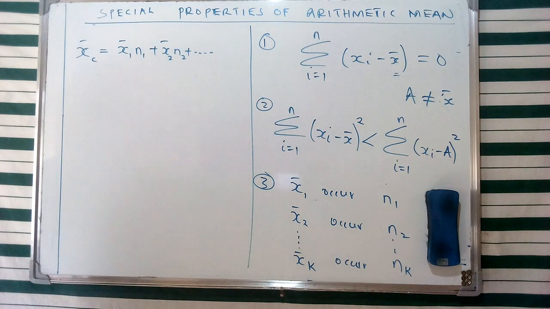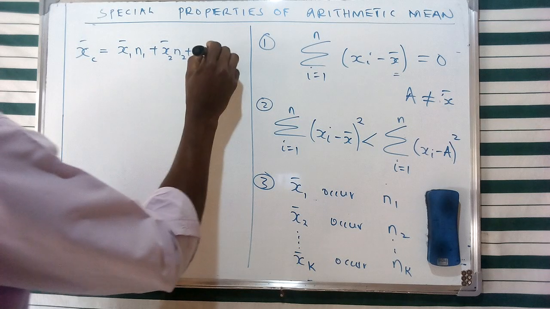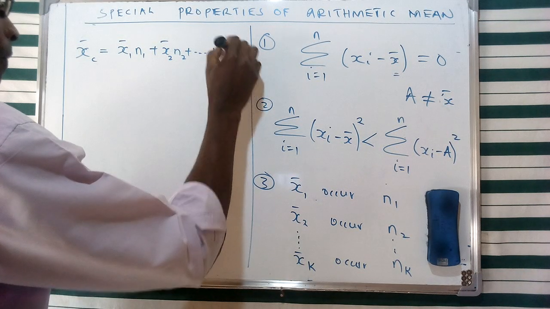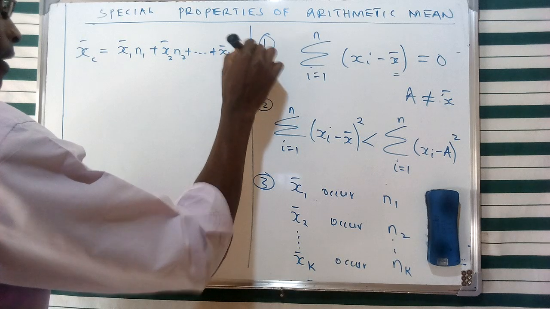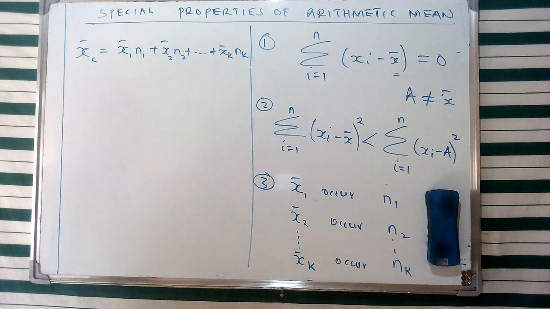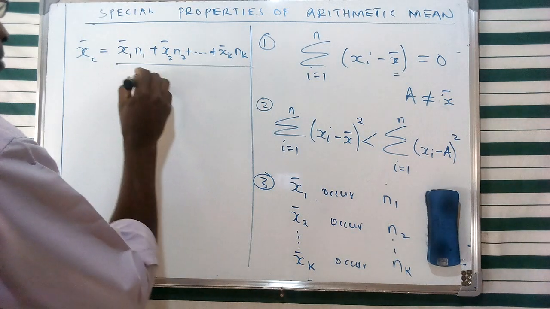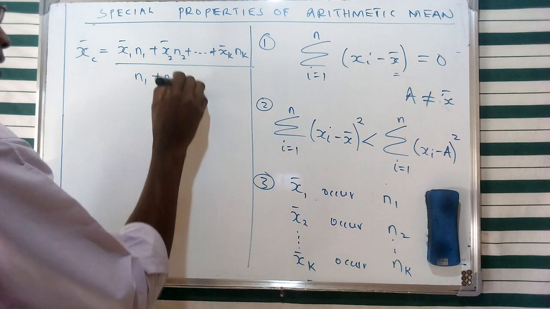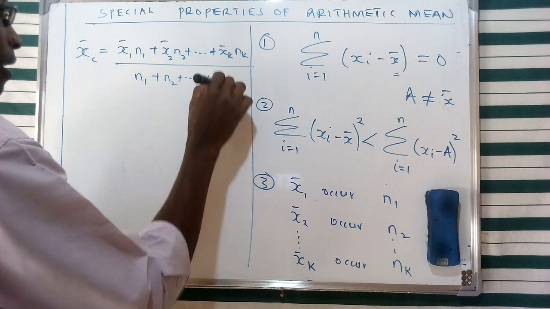and this is going to go on to xk and nk given as such, and that is going to be divided by the sum of the number of observations, going on to nk.